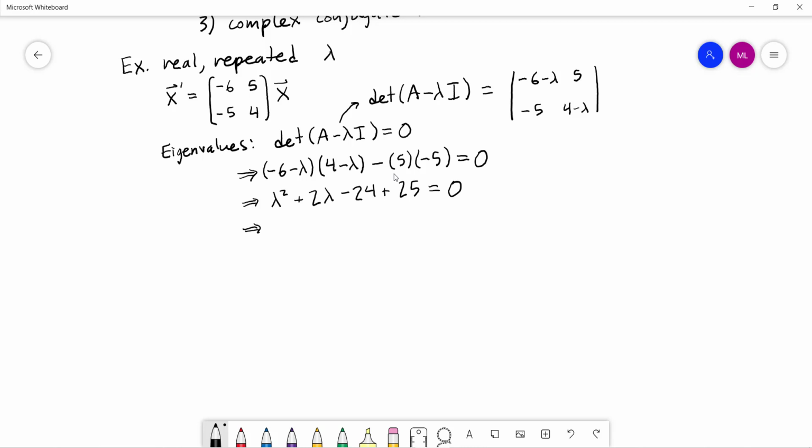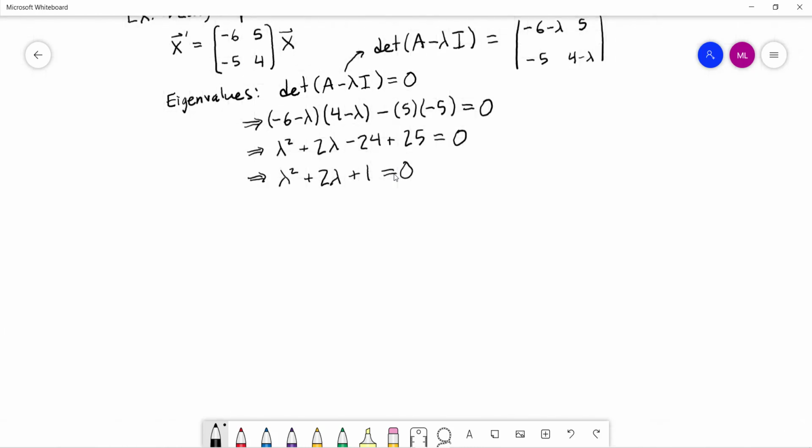And we wind up with lambda squared plus 2 lambda plus 1 equals 0. This thing factors to lambda plus 1, quantity squared equals 0. And what we get is that lambda is equal to negative 1, but it's repeated. It's a repeated root.